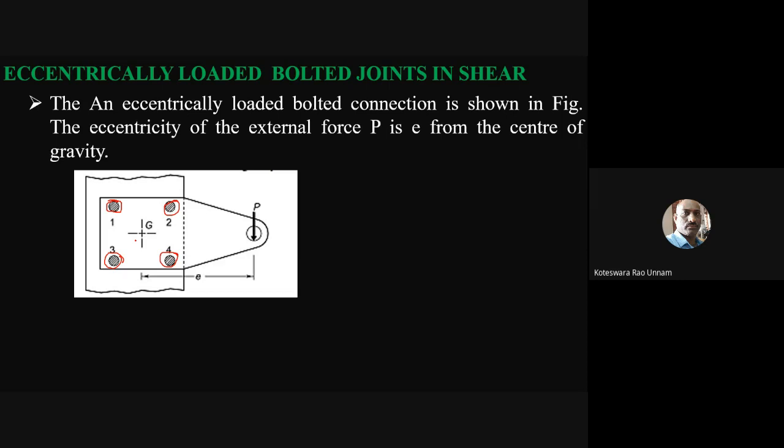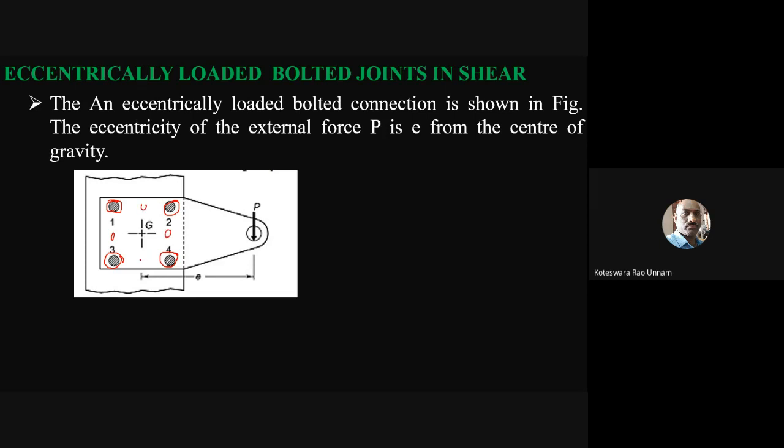It doesn't matter what the number of bolts is. Whatever the number of bolts, whether 4 or 2 or 6 or 8, for that matter any number, the procedure remains the same.